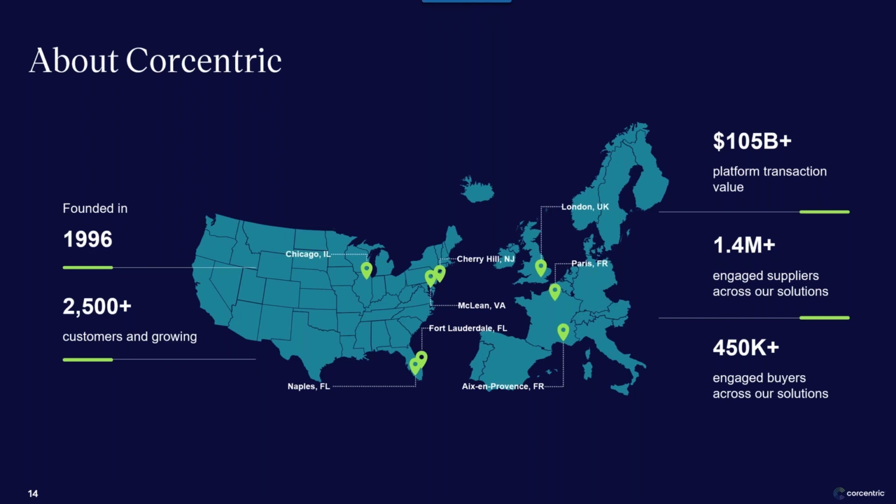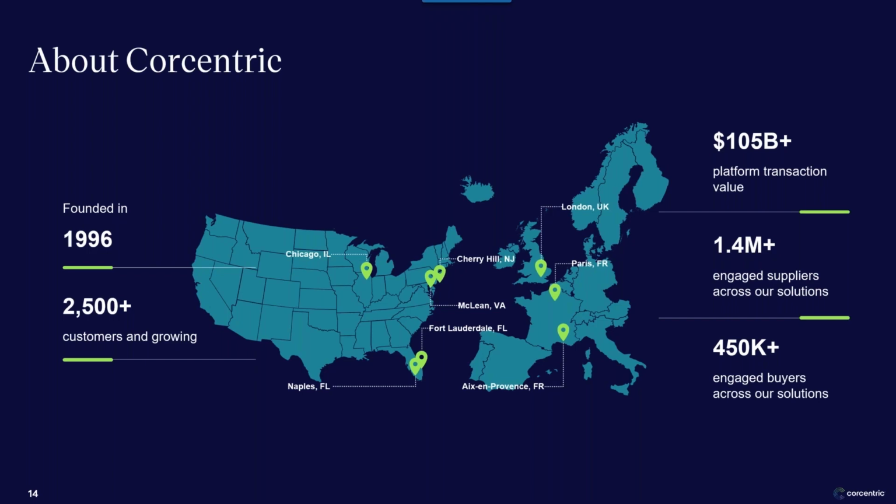So we are in both sides of a transaction for an enterprise. Across all of our customers, we have almost 2 million entities that we touch, either sellers or buyers. So there's lots and lots of different use cases we see.